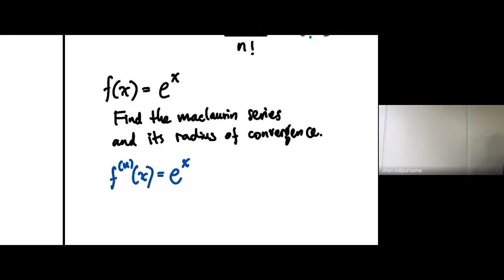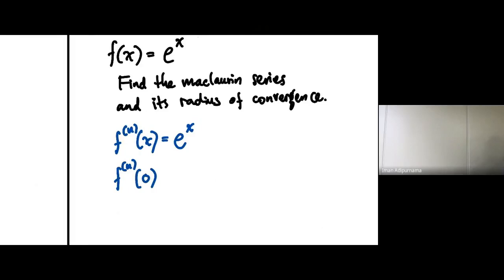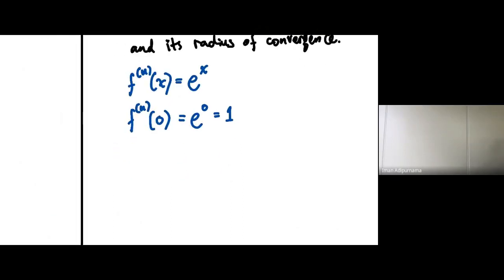So when you have f^(n) at a equals 0, it will be e^0, or 1.